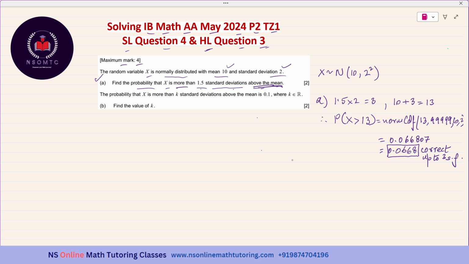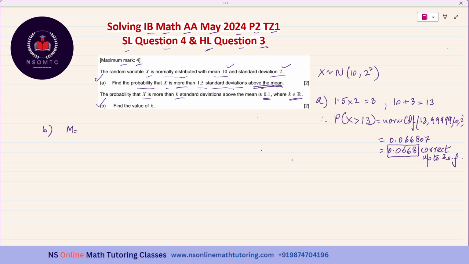The probability that X is more than k standard deviations above the mean is 0.1, where k is a real number. Subpart B's question is: find the value of k. Okay, so let me start my subpart B answer over here. K standard deviations, so let me take this as maybe m.